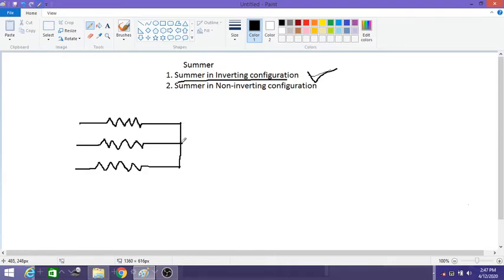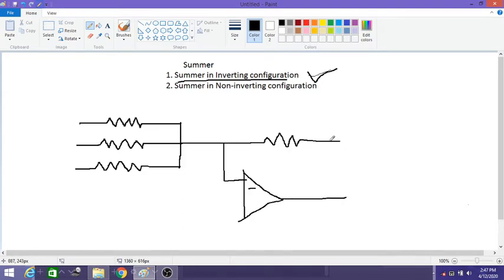And these are connected together, and connected to an Opamp inverting terminal. That is why it is called a summer with inverting configuration.